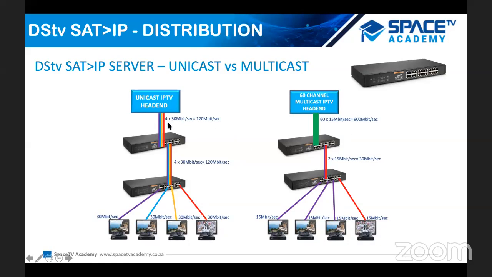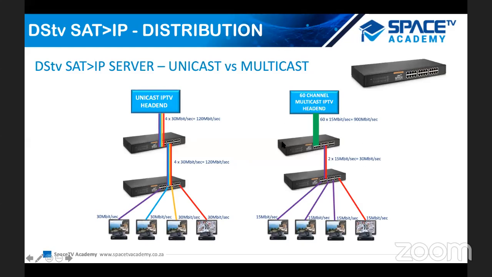You also see where I've indicated your bandwidth usage. Although there's a massive bandwidth usage from the server to the first switch, from there it's very well controlled and managed. On the unicast side, we're using 120 megabits per second to feed the 4 viewers, where on the other side, we are only using 30 megabits per second.